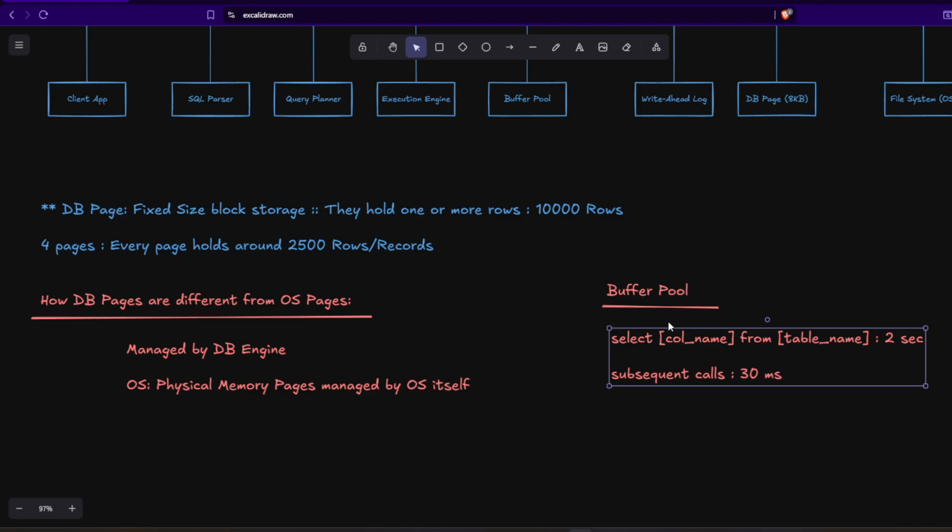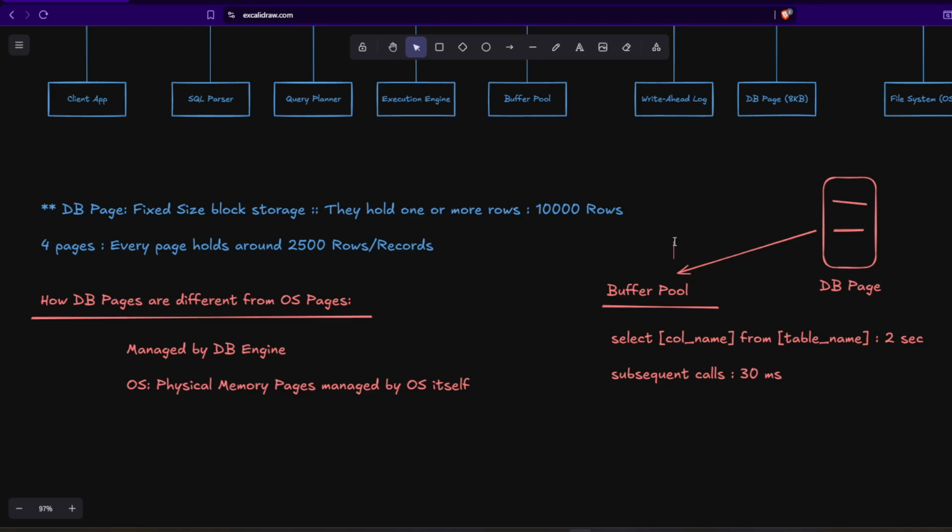And where does it get cached? The DB page has a number of rows as records, and this DB page is cached into the buffer pool.